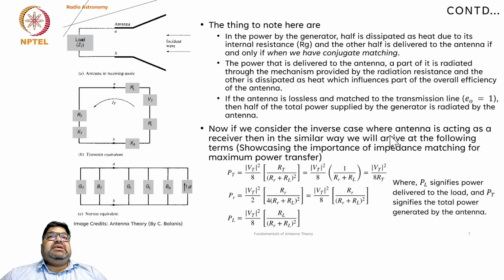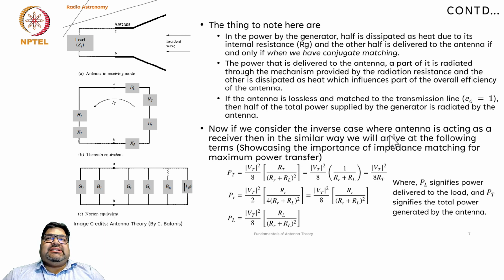For radio astronomy, it also is important, because we already have a very small amount of signals coming in from the cosmic sources, and we don't want to lose any of them. So if we match the internal impedances, in our case it's in the receiving mode.